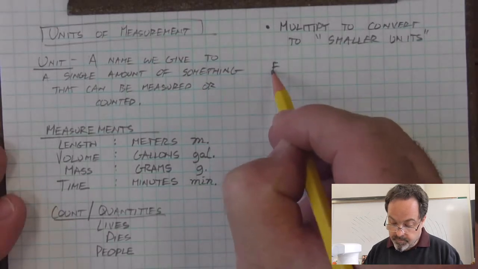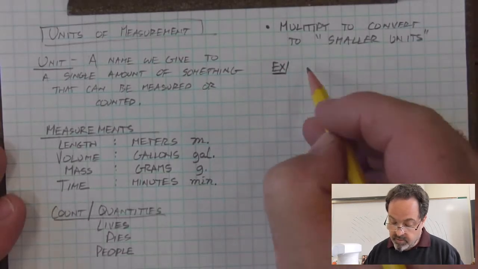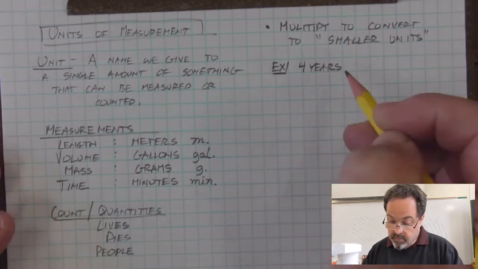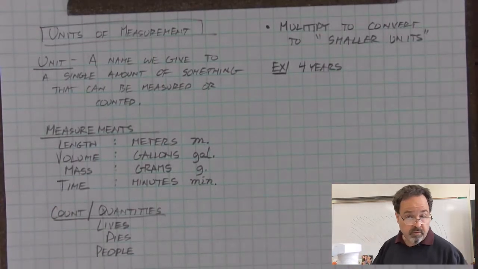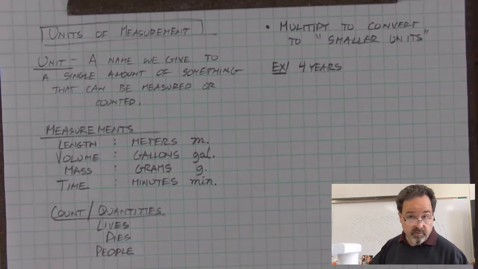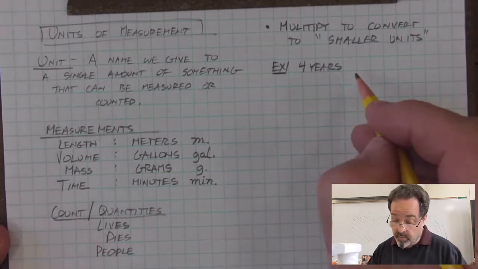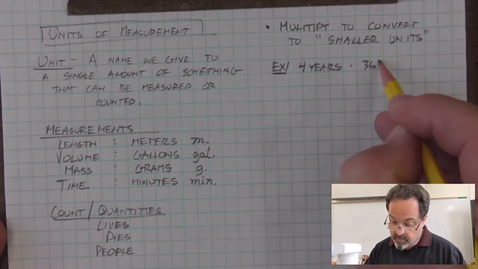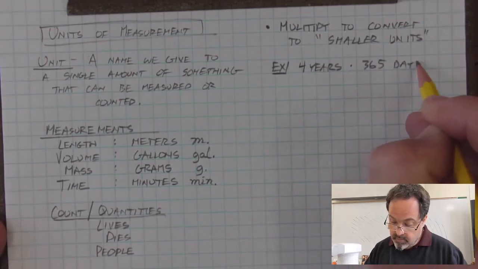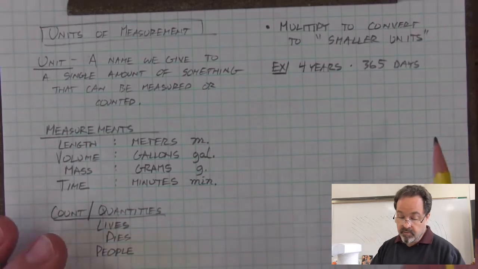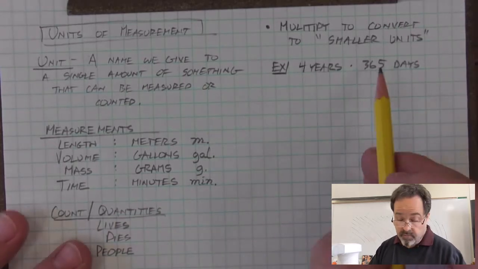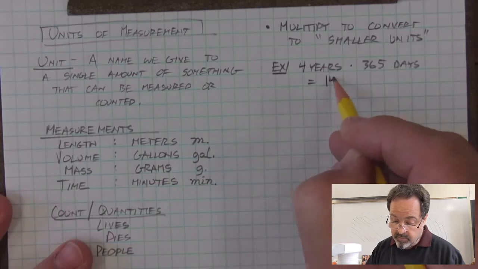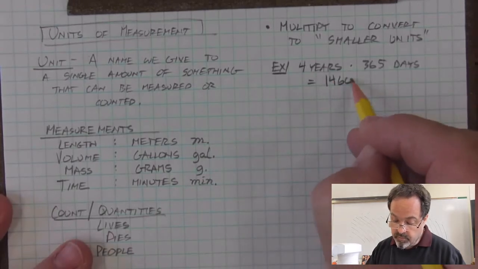For example, if we started with the rather large unit of time, years, we had 4 years, we can convert that to the smaller unit, days, by multiplying by the number of days in a year. 4 times 365 will convert those 4 years into, and we'll need a calculator for this, 1,460 days.